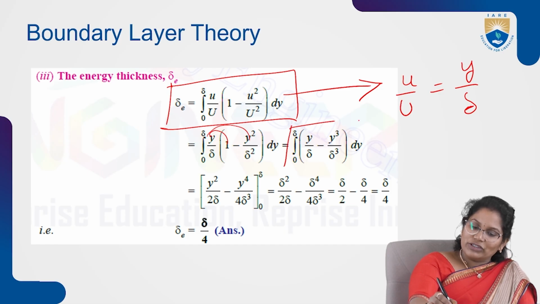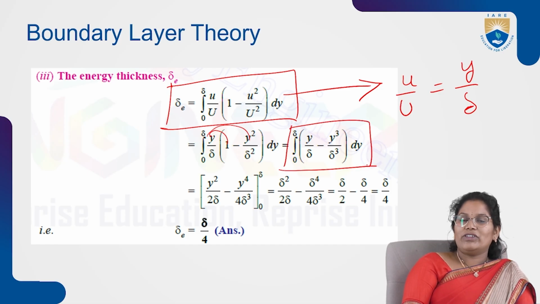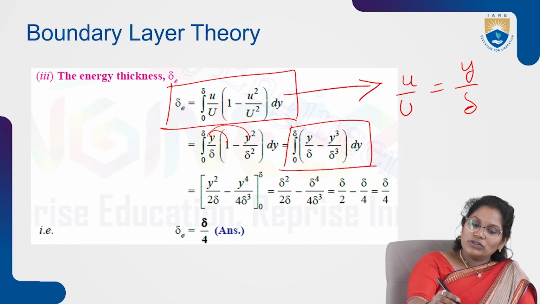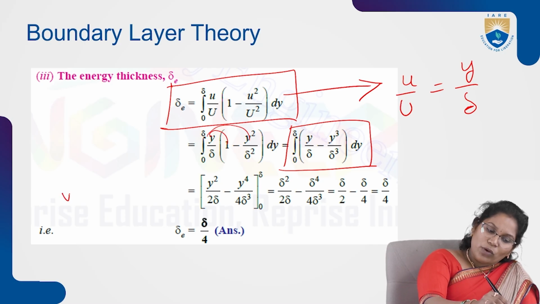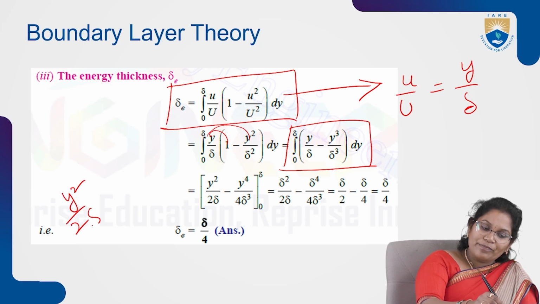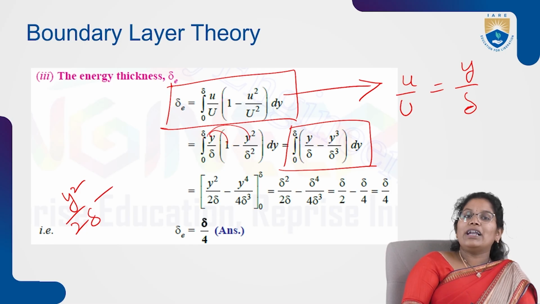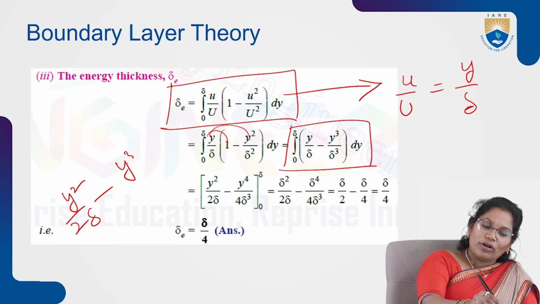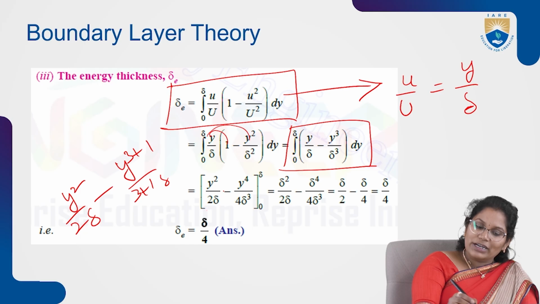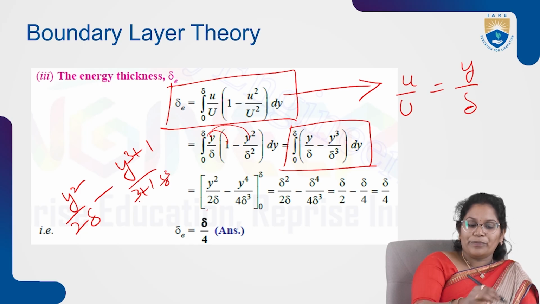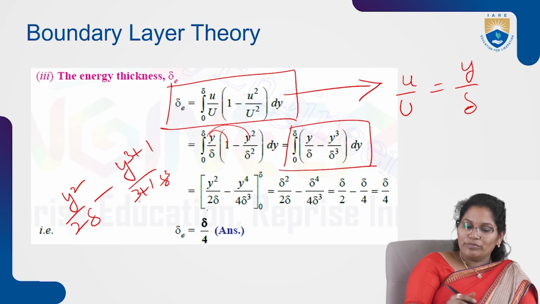For this equation, we have to integrate with respect to y. Integration of y by delta becomes y square by 2 delta, and y cube by delta cube becomes y to the power of 3 plus 1 by 3 plus 1 into delta cube. So we get y square by 2 delta minus y to the power of 4 by 4 delta cube.